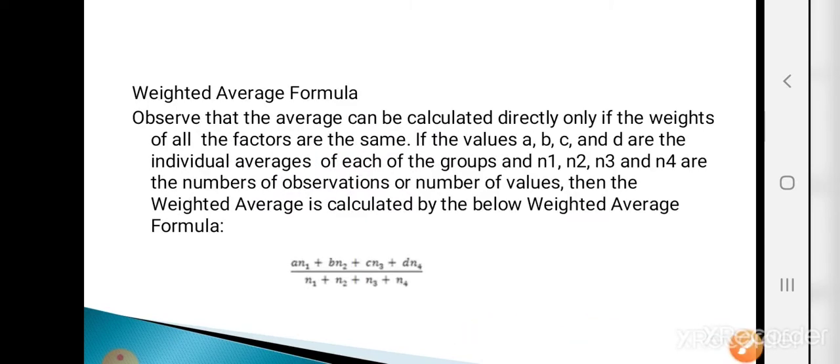Weighted average formula. Observe that the average can be calculated directly only if the weights of all the factors are the same. If the values A, B, C and D are the individual averages of each of the groups, and N1, N2, N3 and N4 are the numbers of observations, then the weighted average is calculated by the below formula.